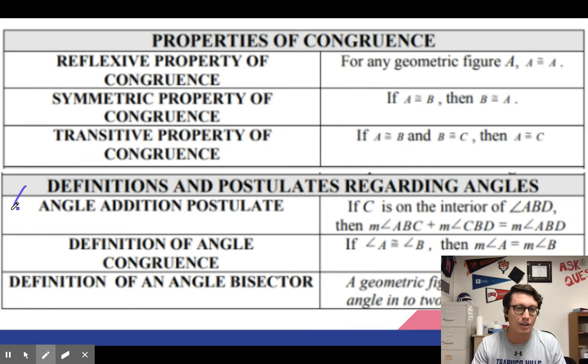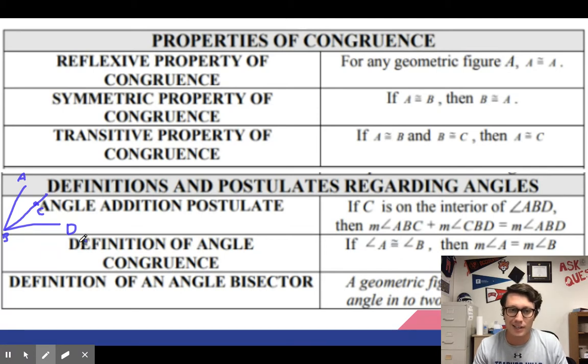If we have an angle here and it's called ABD, and C is somewhere on the interior, this is C, and then we have another line through here.